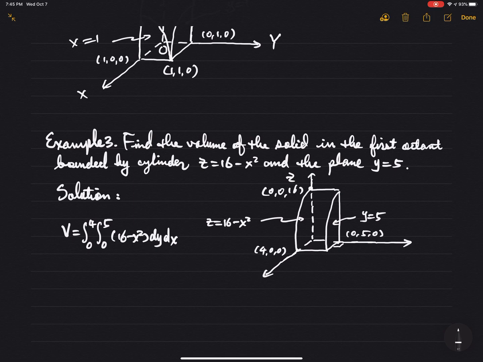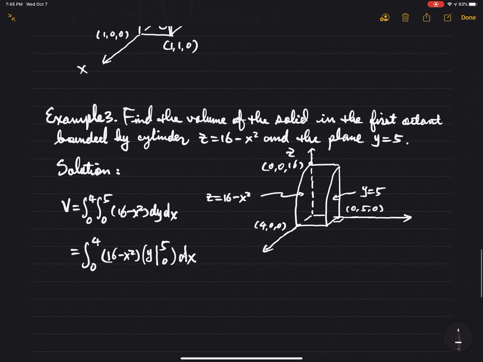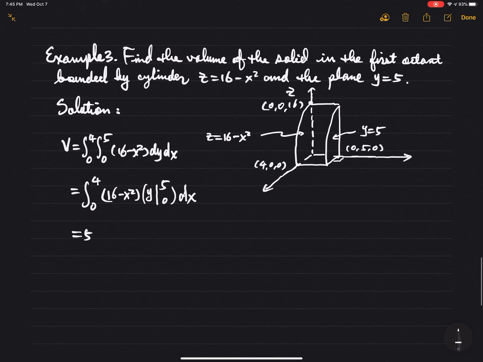It's easy to integrate. 16 minus x squared is like a constant, and the antiderivative of 1 in y, from 0 to 5, is just 5. So we move the 5 out, and we have 16x minus 1/3 x to the third, from 0 to 4.